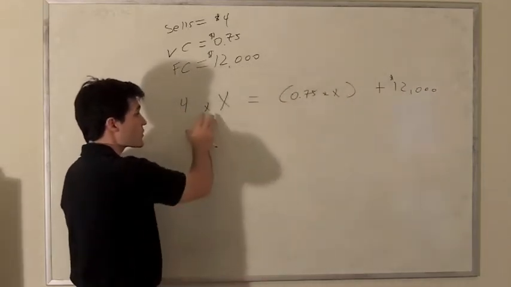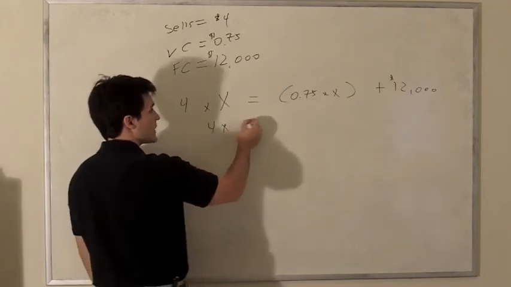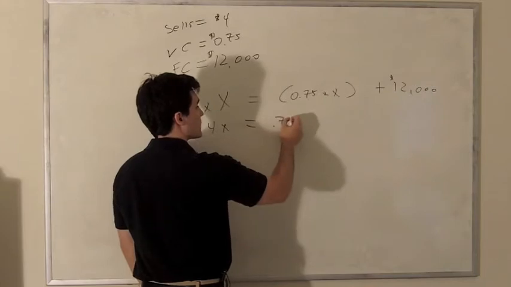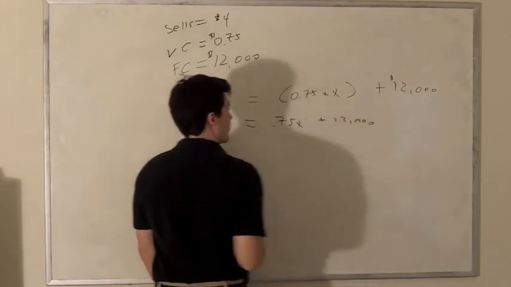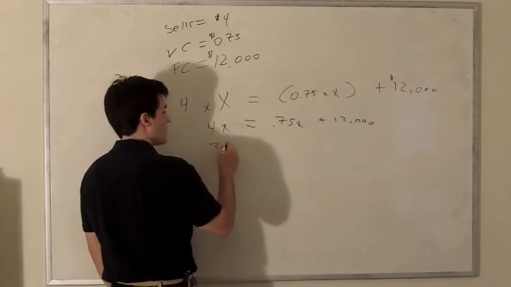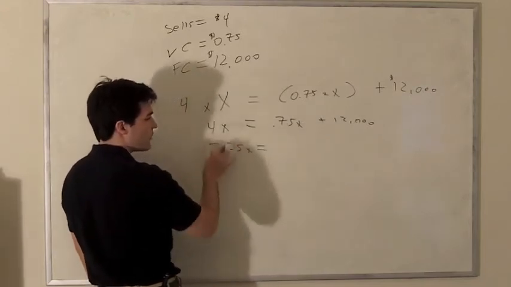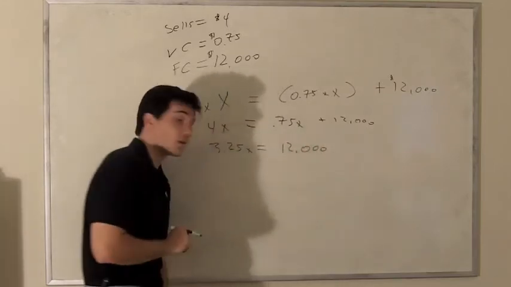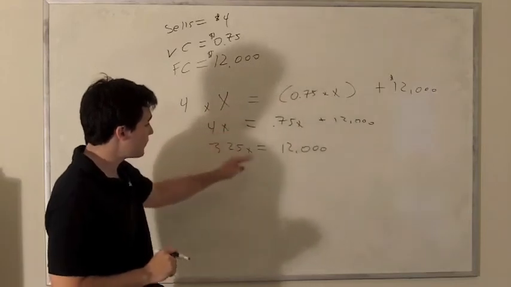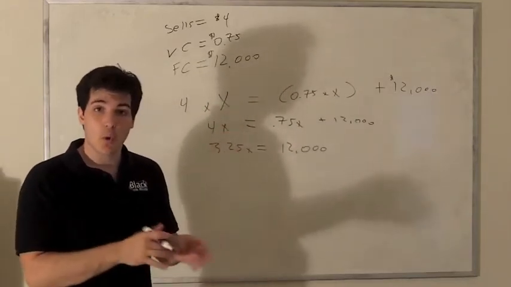So we're solving for X. You have 4X equals 0.75X plus 12,000. It's going to give you 3.25X, because you subtract 0.75 from 4, equals 12,000. So we've broken our formula down to 3.25X equals 12,000.